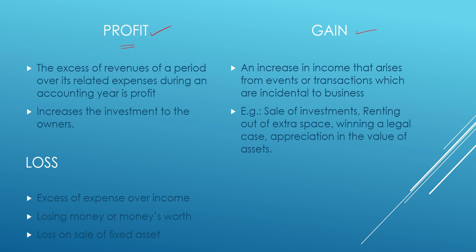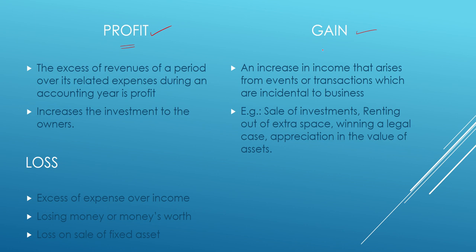So in the period, whatever money I generate from the core business is called profit. Your income minus expenses. This profit in big businesses will increase the investments of the owners, because at the end of the day the investors will look for profits and want a share in the profits, right? So this profit will be distributed to the investors in the form of dividends.